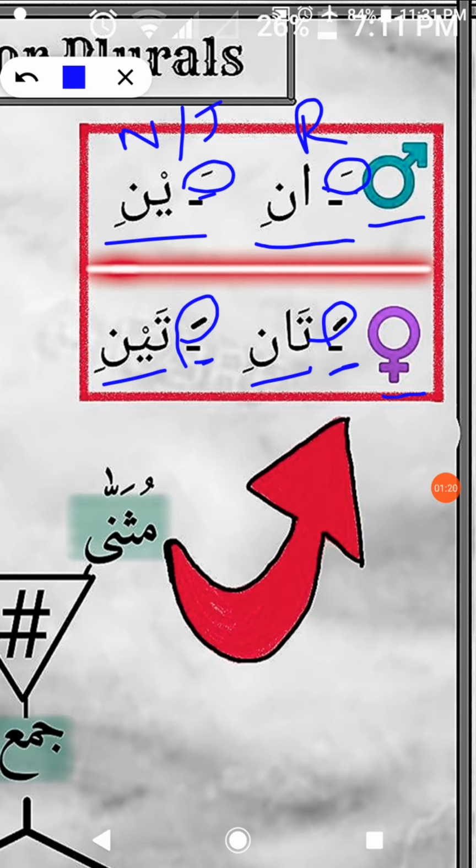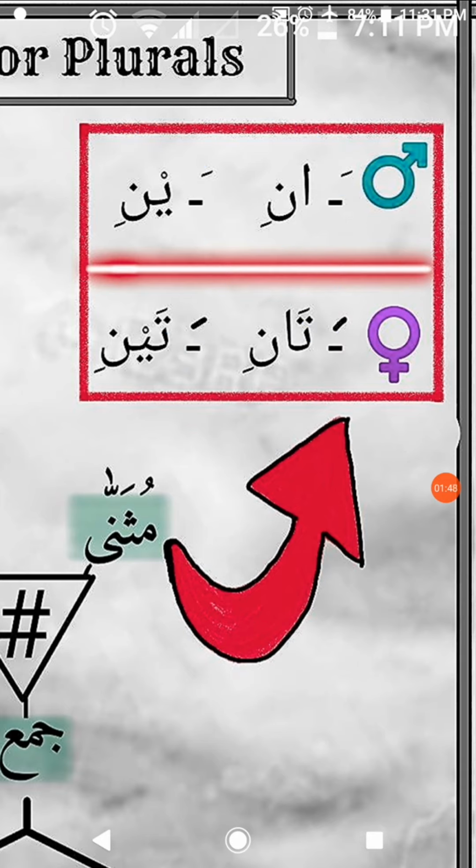Since we already have a ta over here, we do not need to add another ta. That's a separate discussion. Here what we need to know is that for the feminine musanna, we have the suffixes of tani and taini, and once again they are beginning with fatha. So ani, aini, tani, taini.